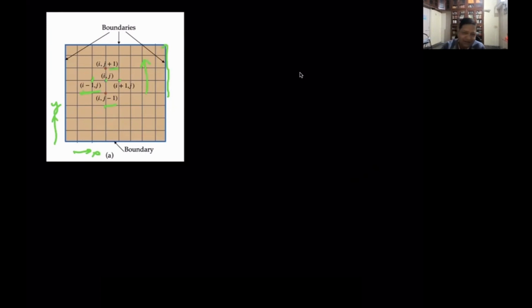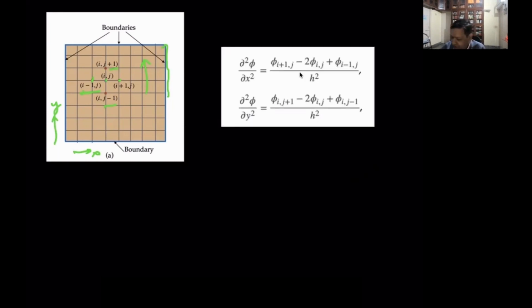In fact, we did this for the finite difference scheme before. So it's the same scheme. Now, what is the Laplacian for this? At i comma j, my second derivative with respect to x, I apply the central difference scheme: phi i plus 1 comma j minus 2 phi i comma j plus phi i minus 1 comma j, divided by h squared.